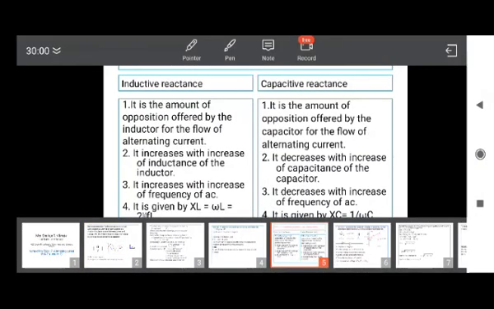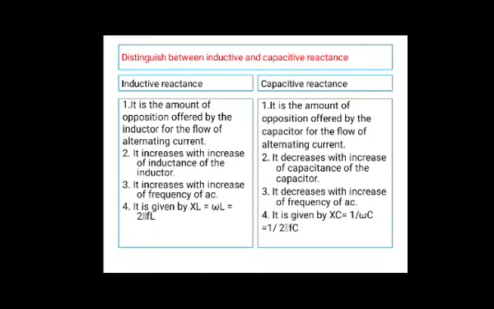Now let us see the difference between inductive reactance and capacitive reactance. Inductive reactance is the amount of opposition offered by the inductor for the flow of alternating current. It increases with increase of inductance of the inductor, and it increases with increase of frequency.